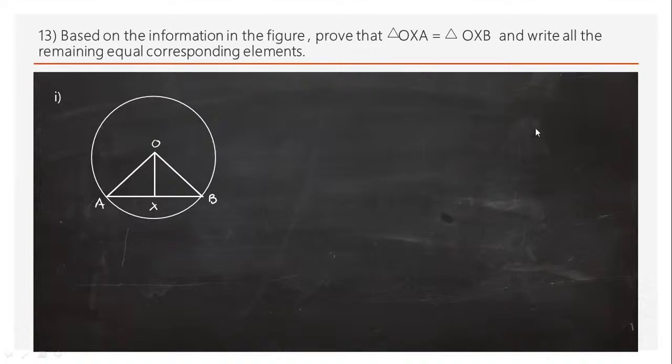Wait, we have to show the congruency here. Prove OXA congruent to triangle OXB and write all the remaining equal corresponding elements like the earlier one. Only we have to take these two triangles, triangle OXA and triangle OXB, right?